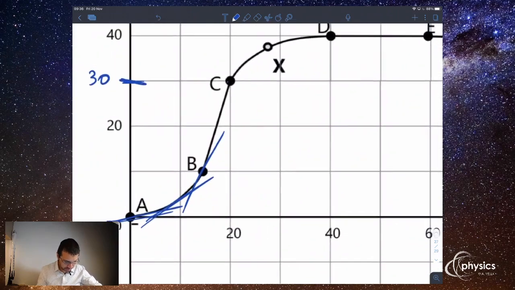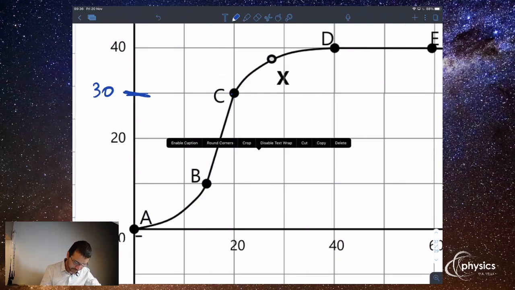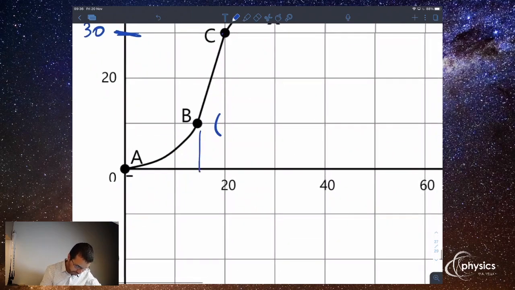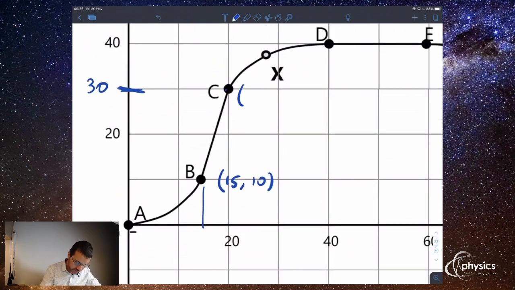First of all, let's write down the coordinates. The coordinate of B is 15, 10, and the coordinate of C is 20, 30.